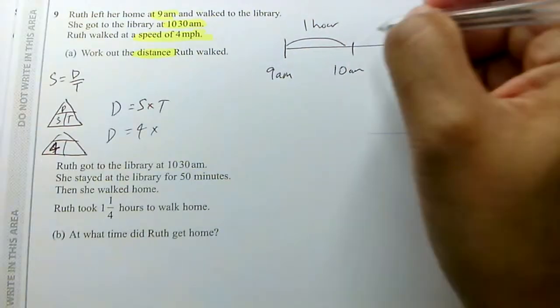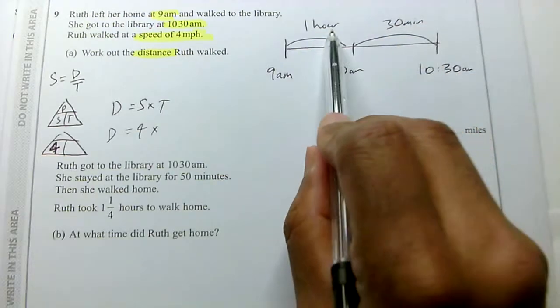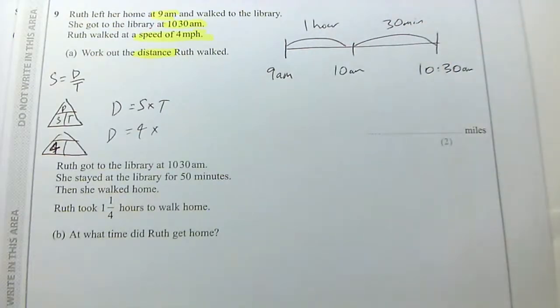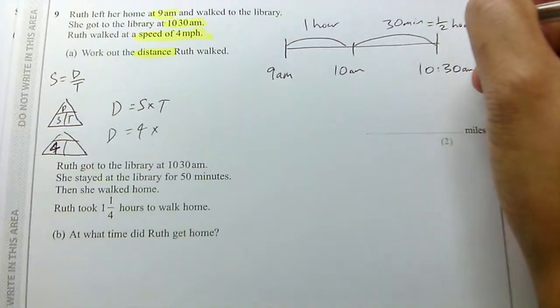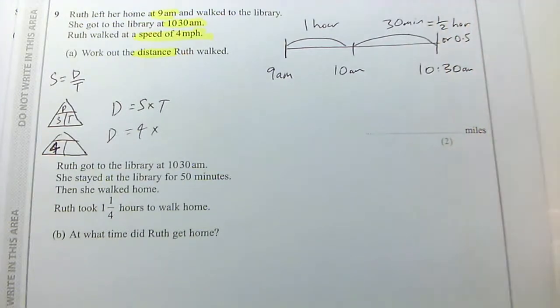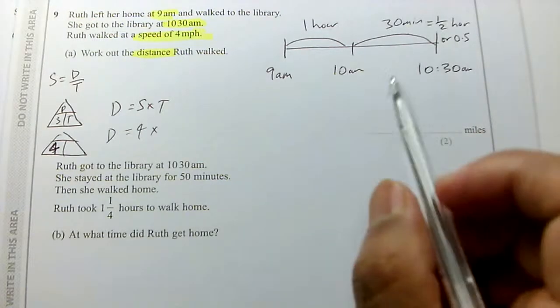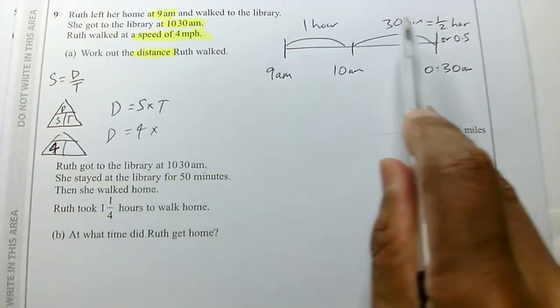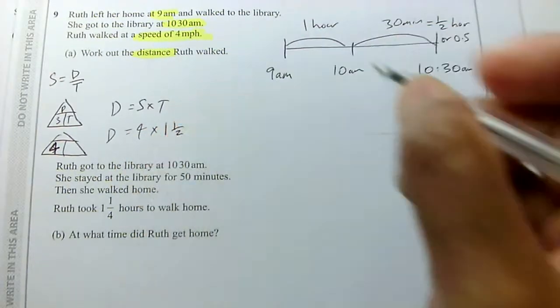And this is 30 minutes. Okay, I've got hour and time. I need to make them the same. So this is half an hour or 0.5. Okay, 0.5 hours. So altogether, this is 1.5 hours. So times by 1.5 hours.